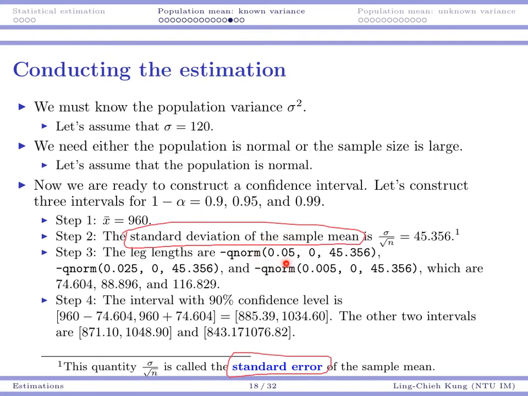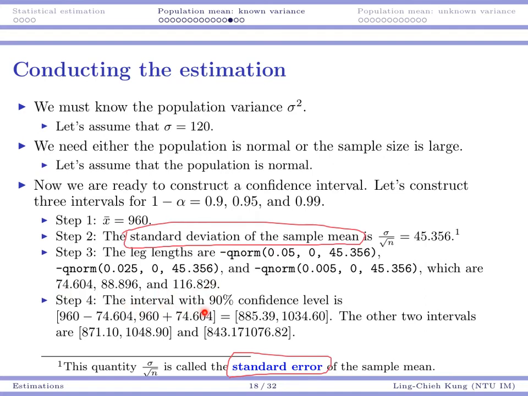The first argument is the left tail probability. The second argument is 0. The last argument is just the standard error. And then we will get the lag length. Please try this by yourself to see that you really get these numbers as your lag length.